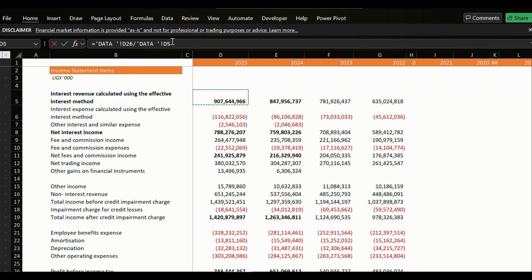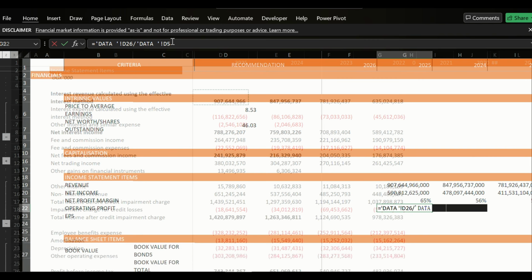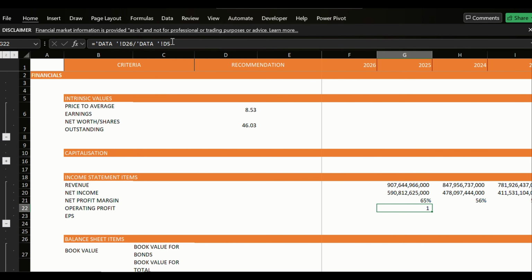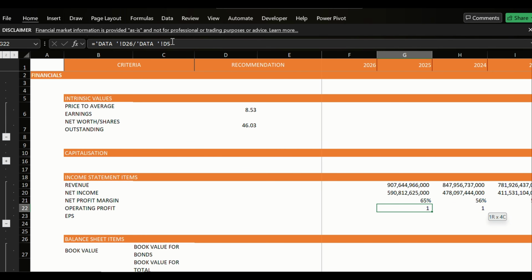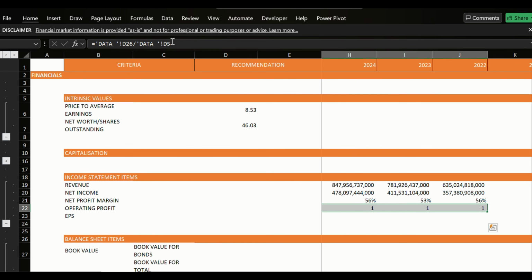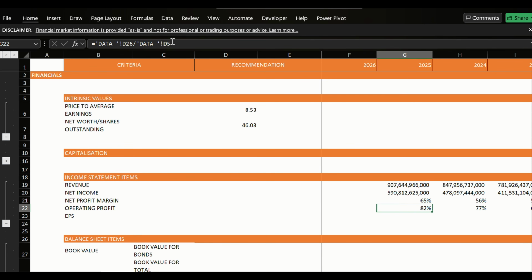So I use the total income after credit impairments, or use this new one, because they are all banks. Control shift percentages. So these are distorted, of sorts.